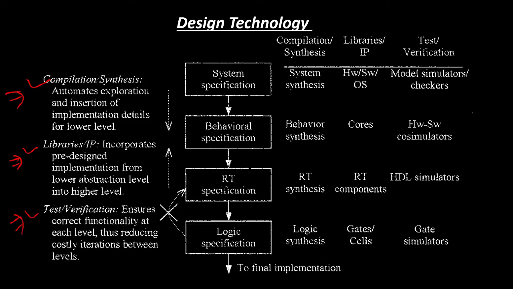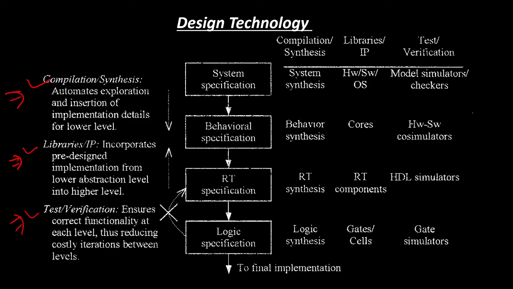At the RT level, the hardware description language, that is HDL, simulators execute RT level descriptions and provide output waveforms given input waveforms. At the behavioral level, HDL simulators simulate sequential programs and cosimulators connect HDL and general purpose processor simulators to enable hardware or software co-verification.